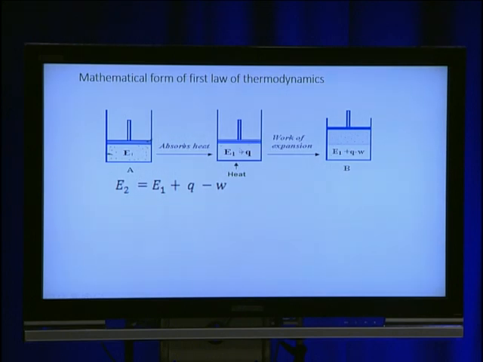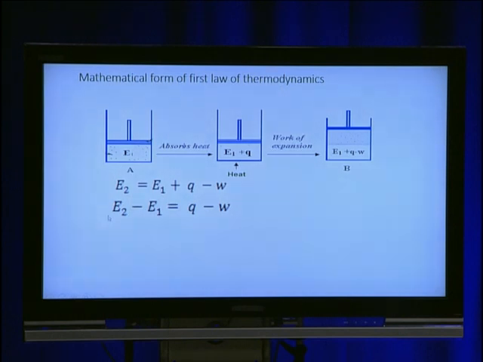So what will be its final energy? It will be E1 plus Q minus W. Some amount of energy is being spent in doing the work. So this will be the final energy of the system. E2 is the final energy, and E1 is the initial energy.